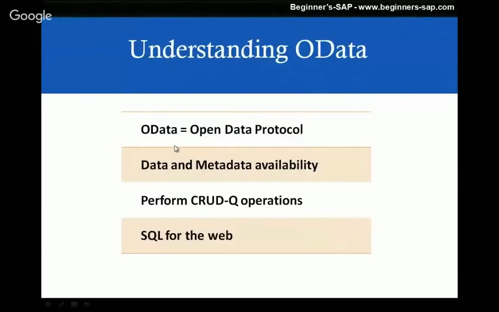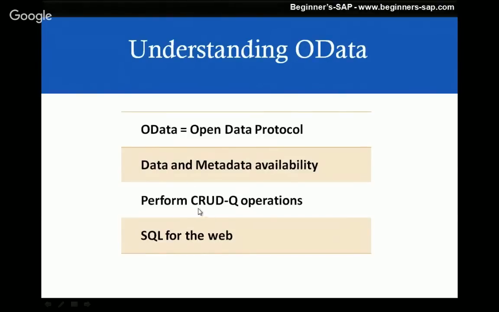The beauty of OData is that in one single HTTP request, you can get both the data as well as the metadata. Metadata means the table structure. So you can get the table data as well as the metadata, or table structure, in a single OData call, and we will look at how that happens.